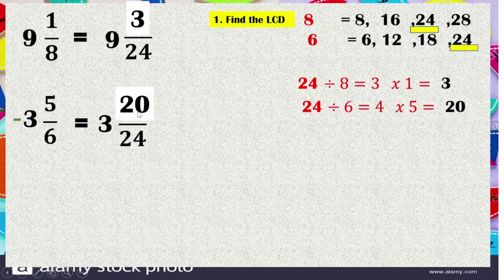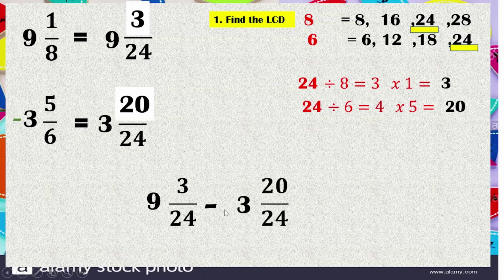So, paano gagawin ang regrouping? Okay? So, dito muna tayo mag-focus sa 9 and 3 over 24. Ito muna ang gagawin natin. Kasi hindi talaga sila pwede. Kaya papasok ang regrouping. Okay? So, ayan. Kopyahin ko muna 9, 3 over 24.